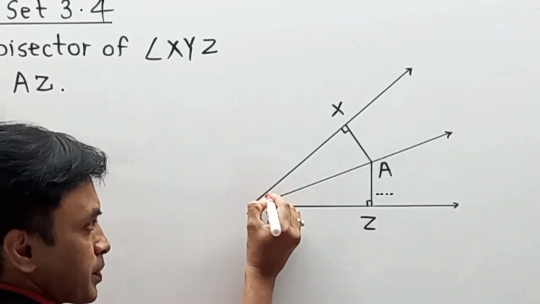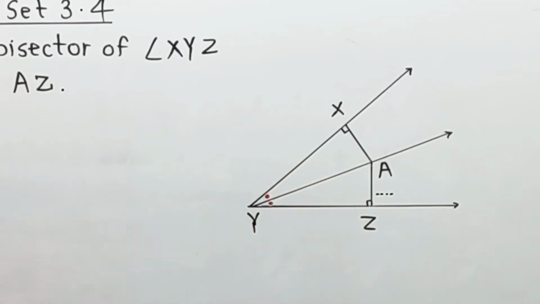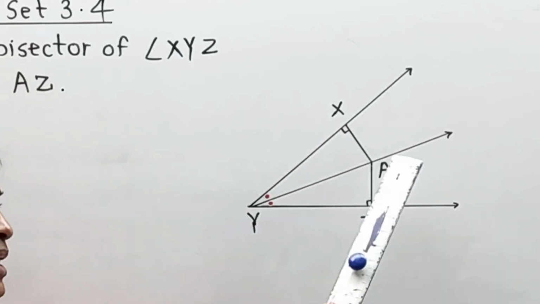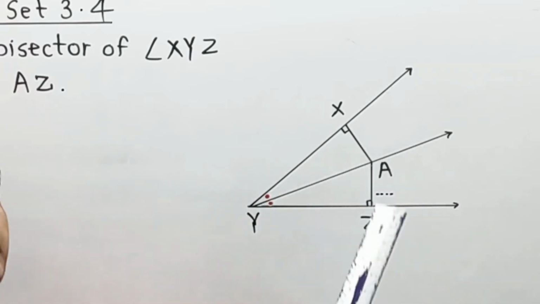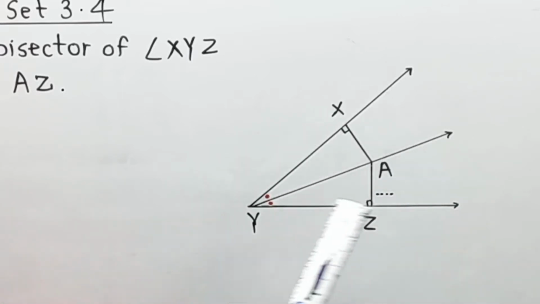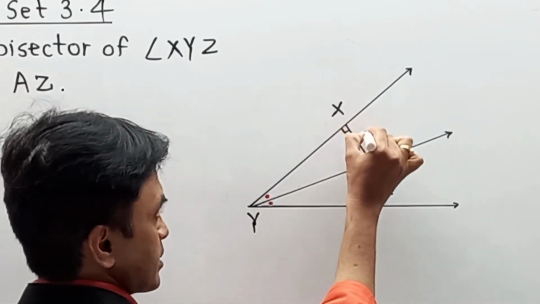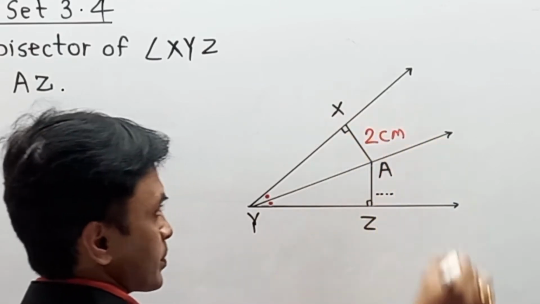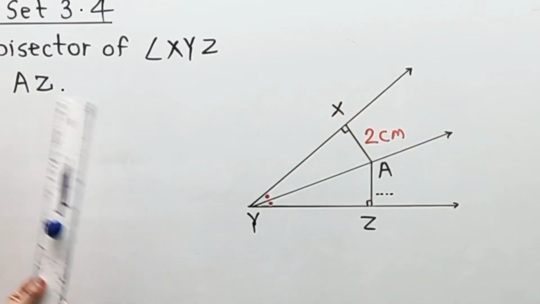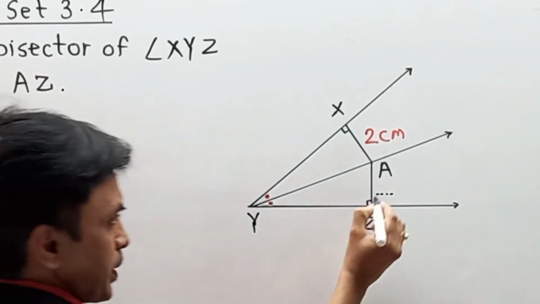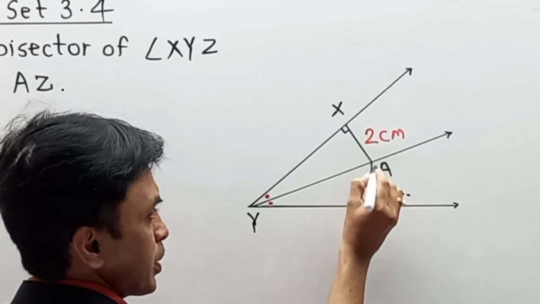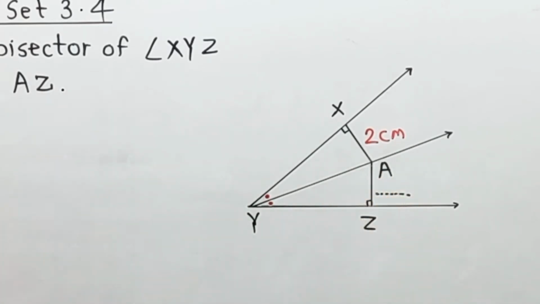Naturally, they have given this angle and this angle, so you can say angle XYA is congruent to angle ZYA, or YA is the angle bisector of angle XYZ. They have given AX as 2 centimeter. Then find the value of AZ. We have to find this value AZ, the length of this side over here.